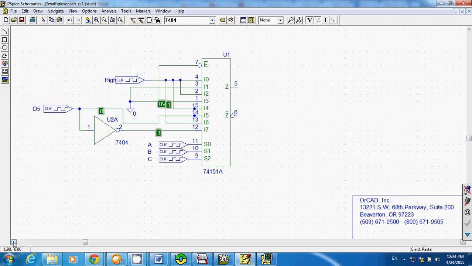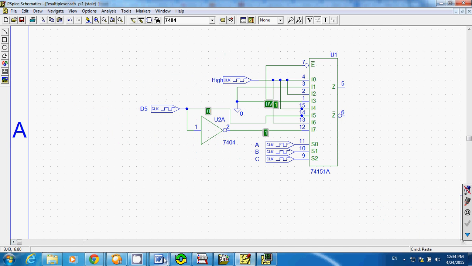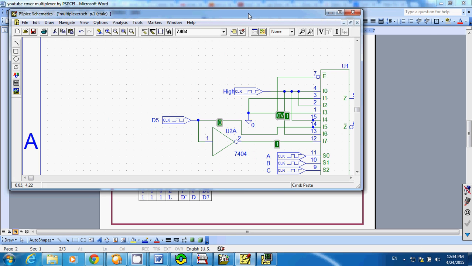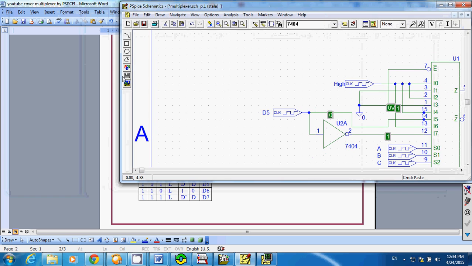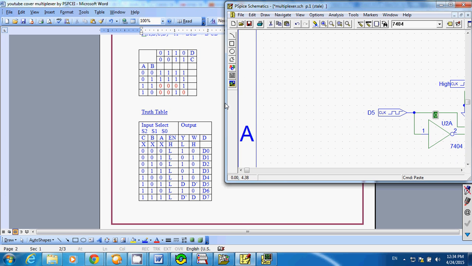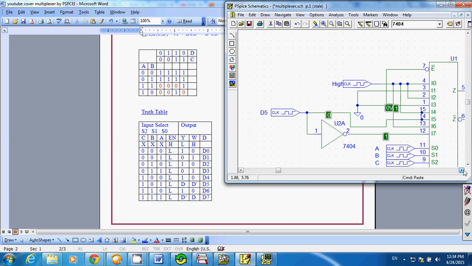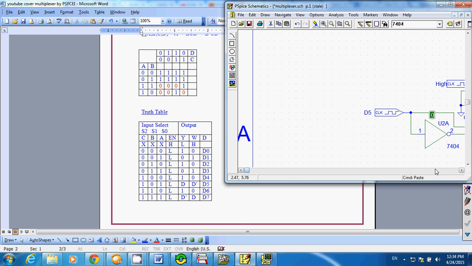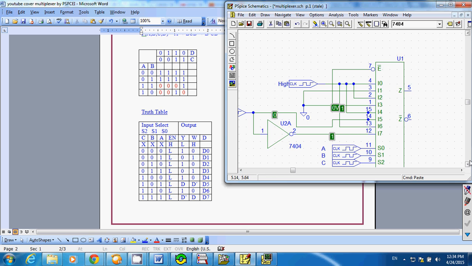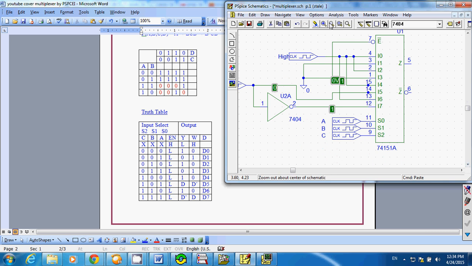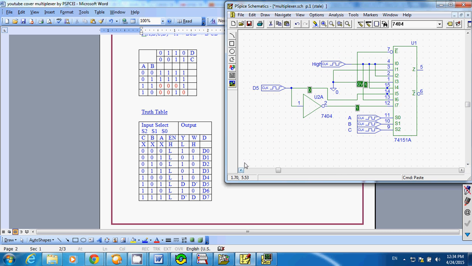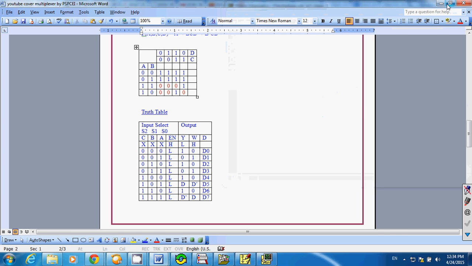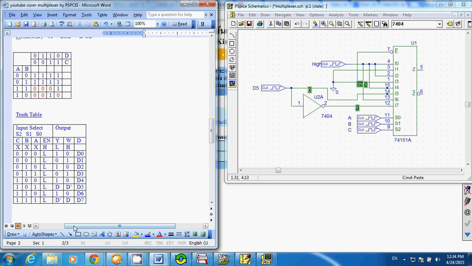Okay, let's take a look together. Let's see if I can compare two windows together. Alright, this one gives you a better view.